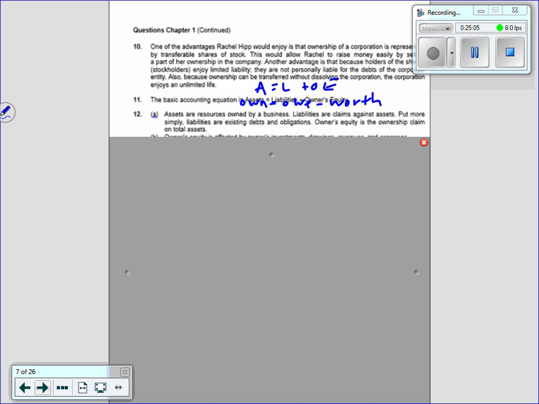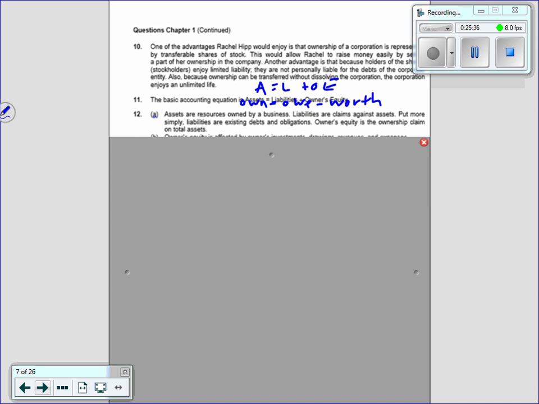Assets are what we own. Liabilities are what we owe. The book likes to call them claims against assets. That's just a fancy set of words that say we owe someone and eventually we're going to use the asset of cash to pay them. It's owing someone where we're eventually going to use cash to reduce that IOU.